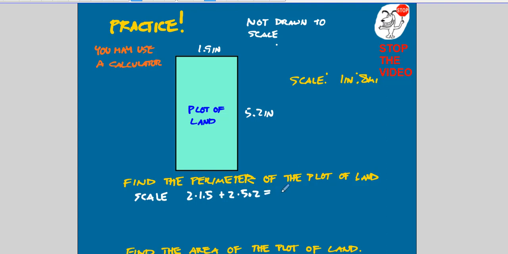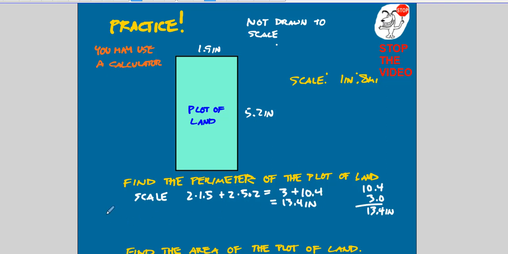So 2 times 1.5 is 3. 5.2 times 2 is 10.4. So this is going to be in inches, so I line up the decimal points. So 3, actually, the whole number has a decimal point behind it. That'll be 13.4 inches. So scale is 13.4 inches.